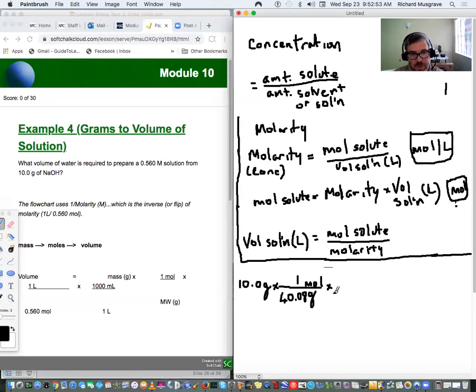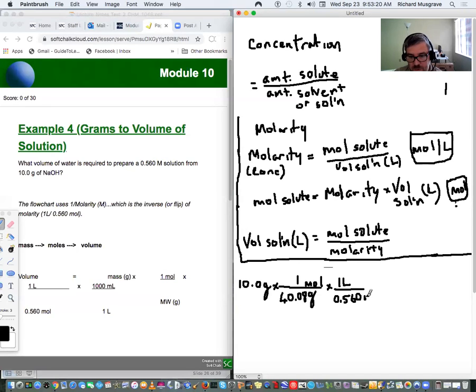And we're trying to get to, again, volume. And we know that to do that, it's going to have to be moles, which is where we would be at now, divided by molarity. To get this, I use 1 over the molarity, or the flip of it, which would be 1 liter divided by 0.560 moles.